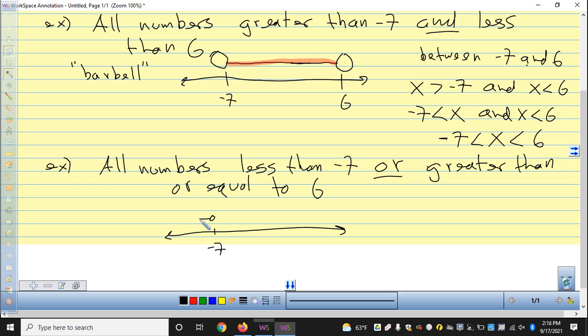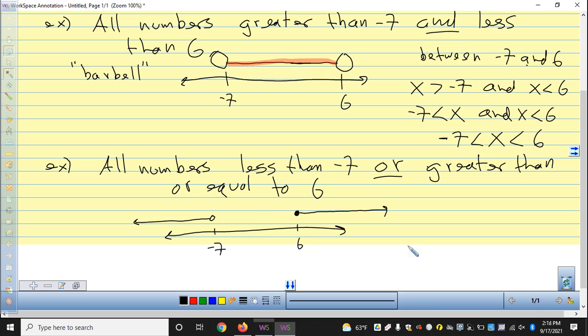But this time my arrow goes to the left, the numbers that are smaller than -7. And there's 6. It says greater than or equal to. So we have a closed dot there. But now we're talking about the numbers that are bigger than 6. Greater than or equal to.